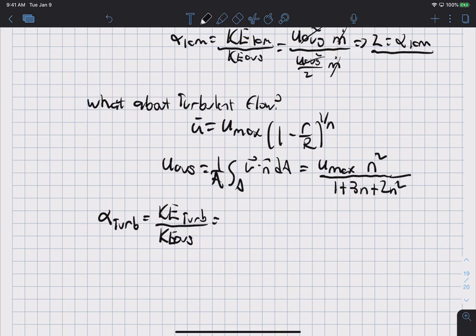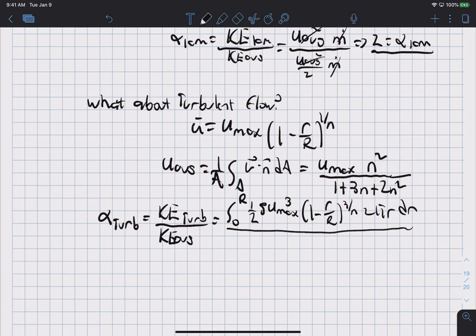So this equals the integral from 0 to R of 1/2 rho U max cubed times (1 minus small r over cap R) to the 3 over n times 2 pi r dr. Here I just used the generic kinetic energy formula that we derived with the integral and stuck in this velocity profile.